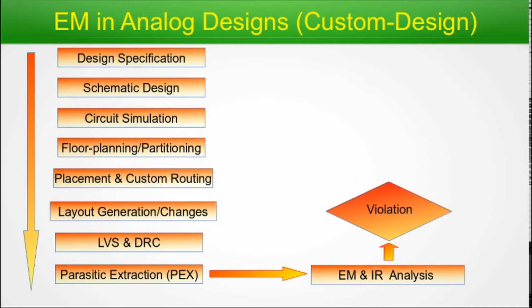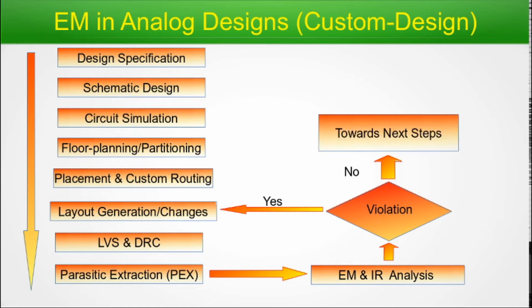If a violation is there, we get the violation map and go back to the layout, overlay it, see the different hotspots, and make the necessary changes. If there is no violation, we proceed to the next steps. So from layout generation or changes till the EM analysis, this happens in a loop until all the violations are cleared.